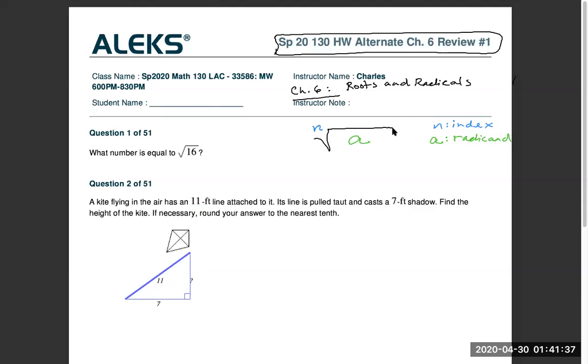So hopefully you're already familiar with some of the roots, like square roots. For those ones, you do not see an n value here. What that means is that n is equal to 2.